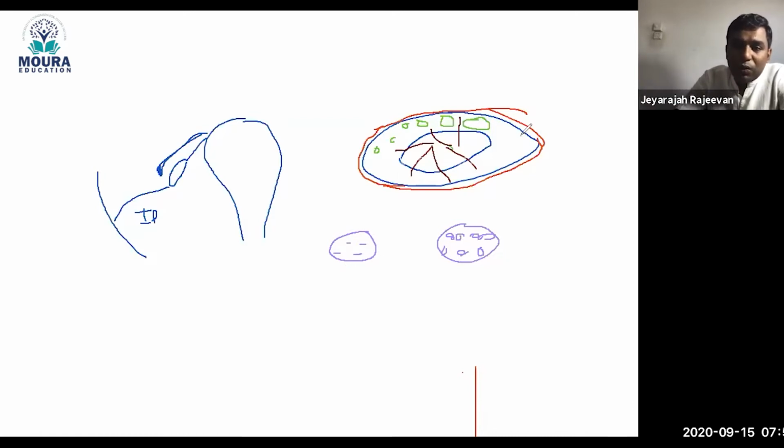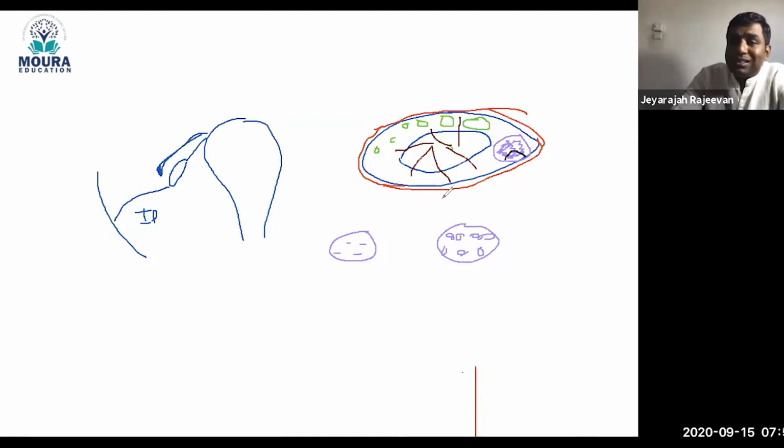If you see the ovary, there might be a capsule. This capsule is here. Inside the capsule, you can have the fluid collection. This is called an ovarian cyst. Sometimes along with this cyst, you can have some solid component as well.